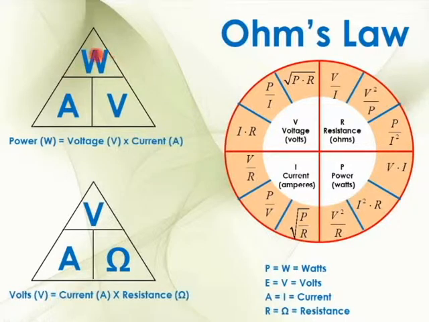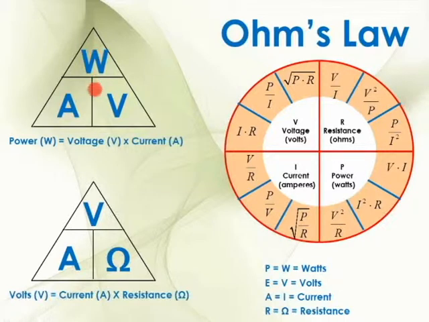So the way these triangles work is, I said it before, we know that amps times volts equals watts. And we can see that right over here. Volts times amps equals watts. And I've got it down here, volts times amps equals watts. And I know I'm saying it a lot, but I can't say it enough. So if we look at the triangle, we've got amps and volts equals watts. So I can multiply these two together and get watts.